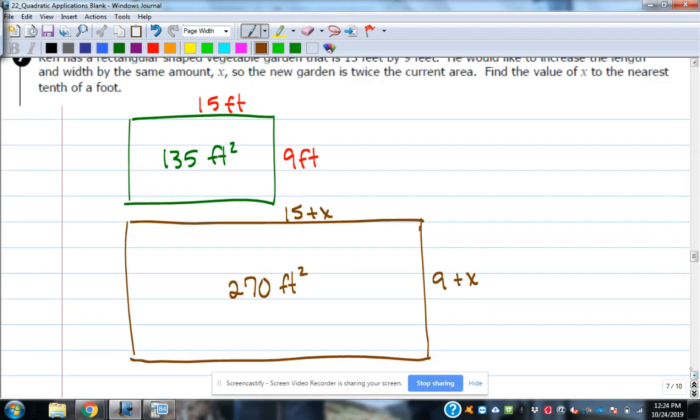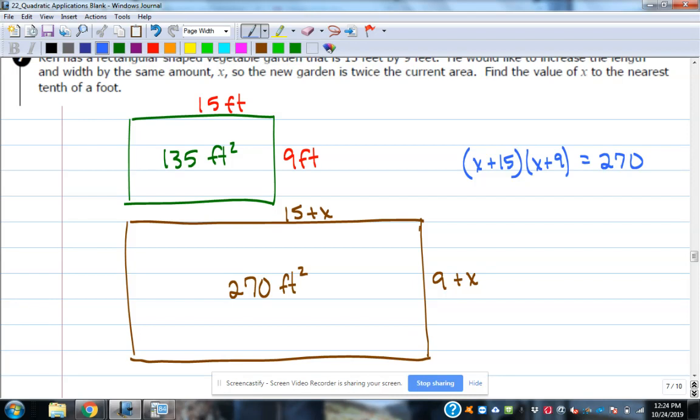Okay, so let's set up our equation. I could write this x plus 15, right? And x plus 9 is the same thing. It looks better to me to do it that way. We're setting that equal to 270 because that's the new area of our expanded garden. Now what? Distribute, multiply that out.